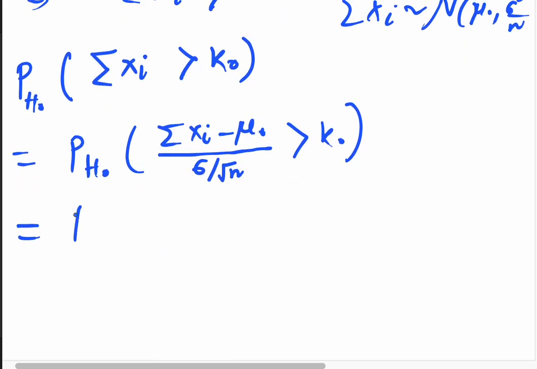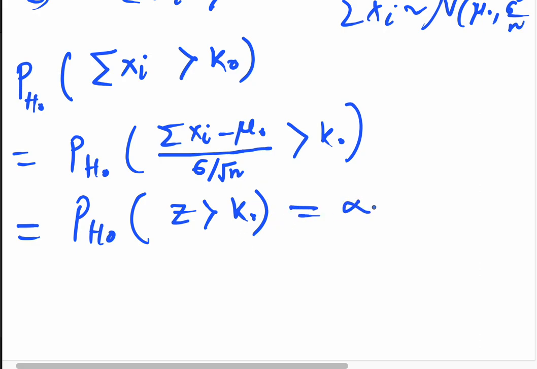So we can write P of Z greater than k0, and this is alpha.